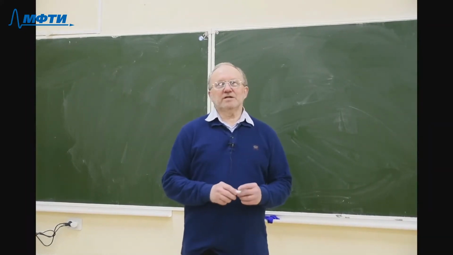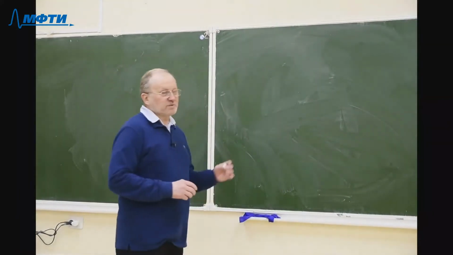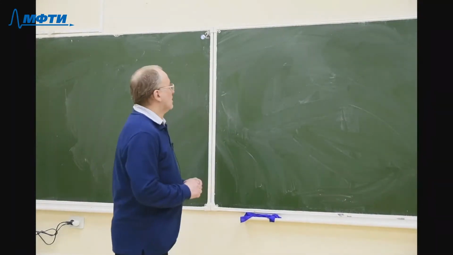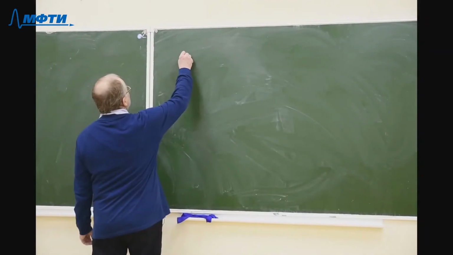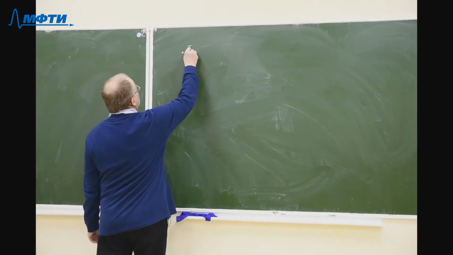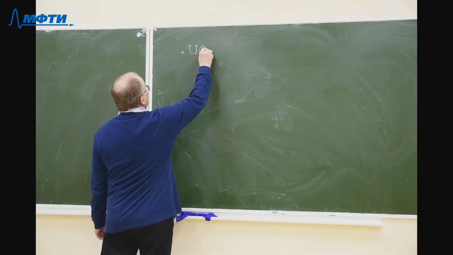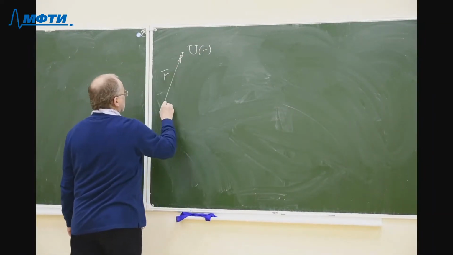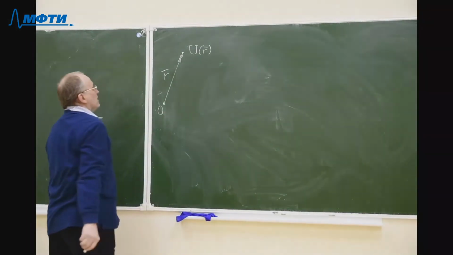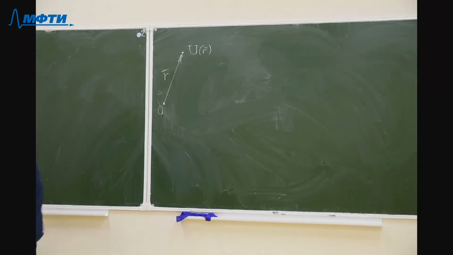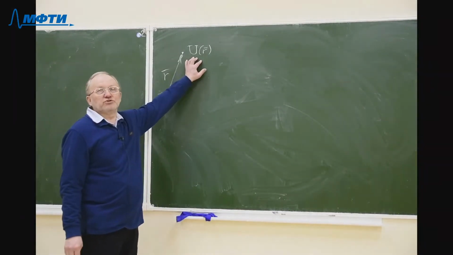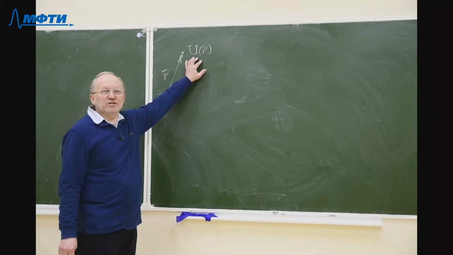Just a reminder, a simple example to remind you what the potential energy is and how to calculate it. If we are interested in potential energy at some point, potential energy is a function of r, the radius vector, and this point has a radius vector with respect to some origin. By definition, we have to choose a point of zero potential energy somewhere in space.